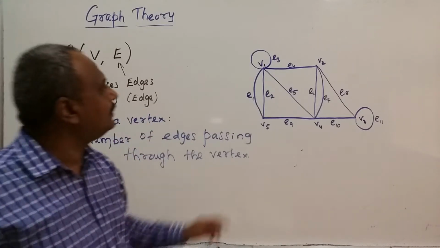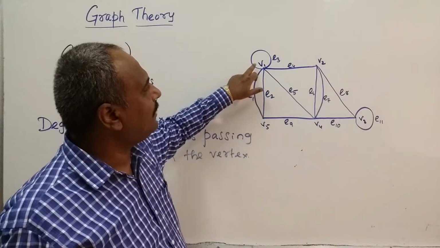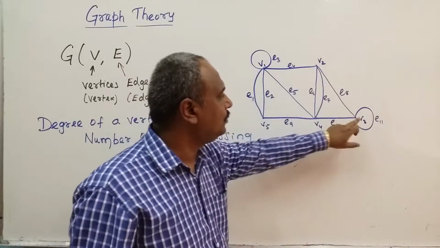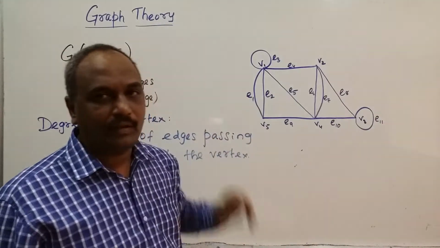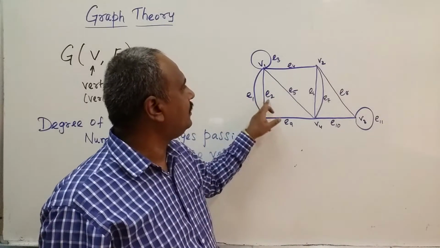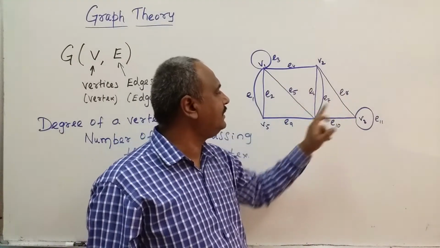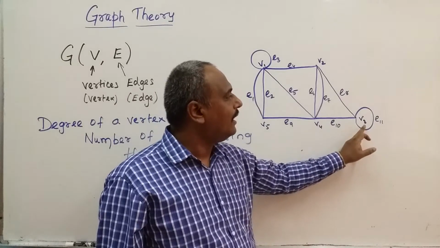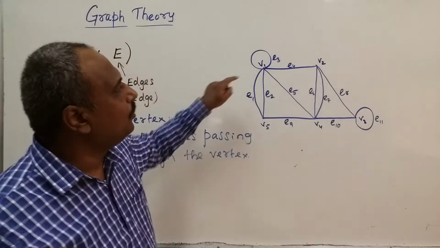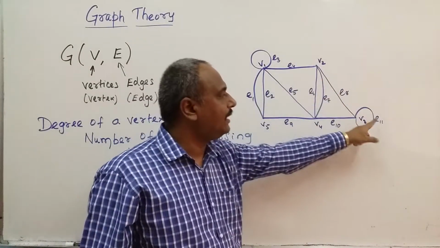See, for example, we have a diagram. We have 5 vertices: V1, V2, V3, V4, V5, and we have edges E1, E2, E3, E4, E5, E6, E7, E8, E9, E10, and E11. Here we have loops at V1 and V3, E3 and E11.